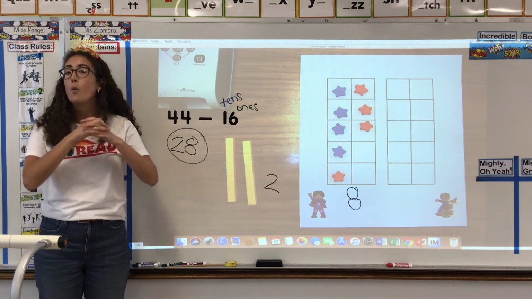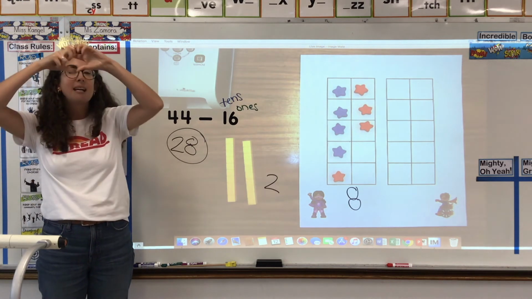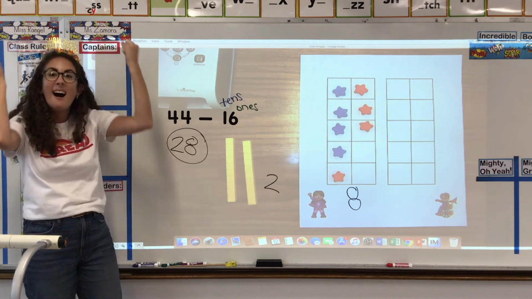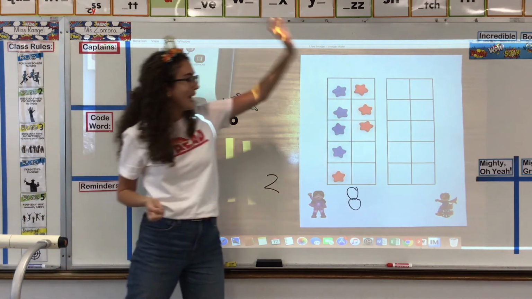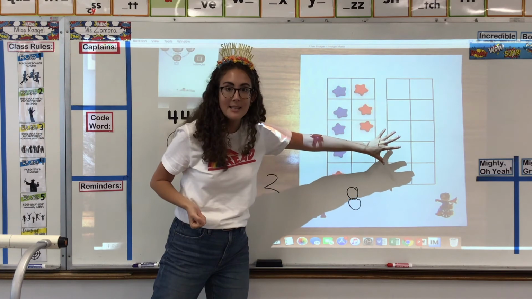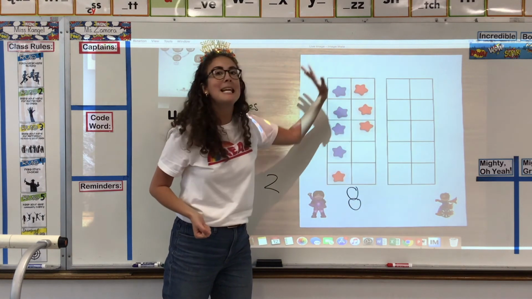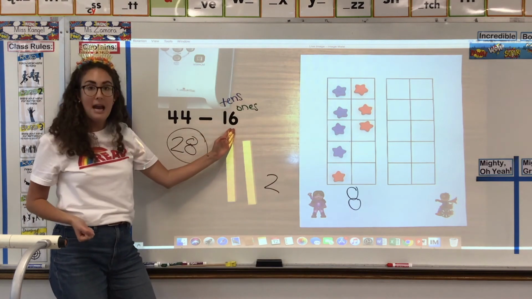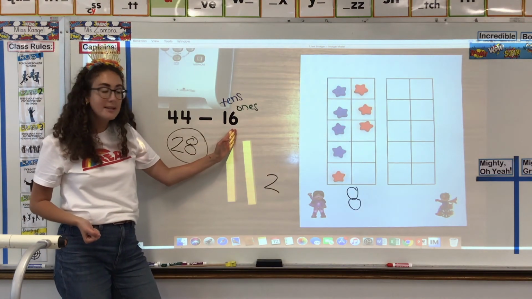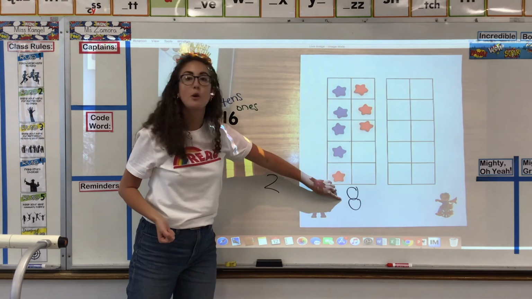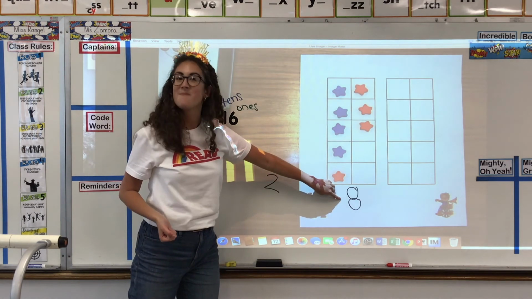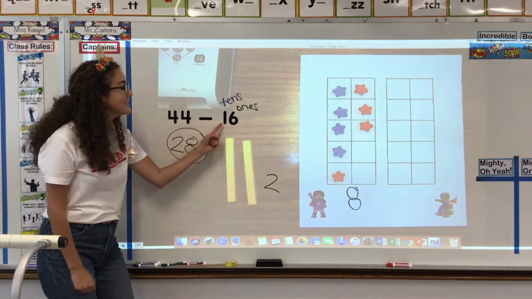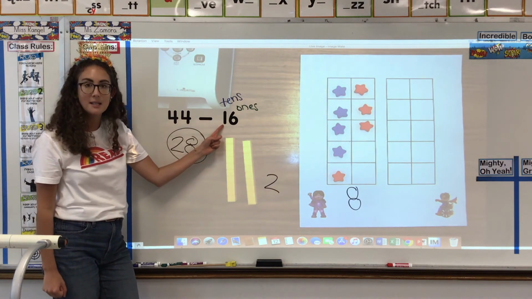So, my friends, we were able to do this because of our unbundling skills. We unbundled to get 10 ones and have 14 ones in total. Then we were able to subtract 6 ones and be left with 8 ones. And then we had to go next door and subtract our 1 ten.